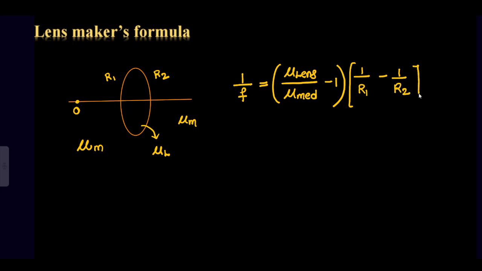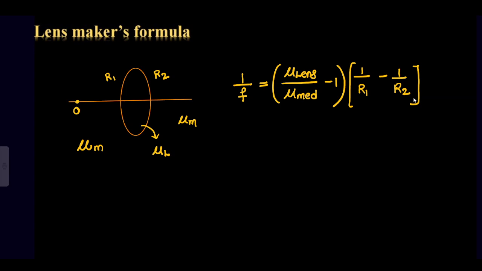So 1 by f, the focal length, is equal to mu L by mu M minus 1, into 1 by R1 minus 1 by R2.